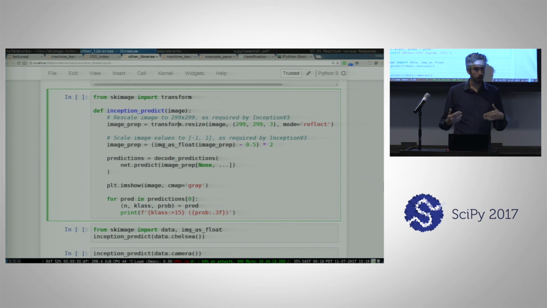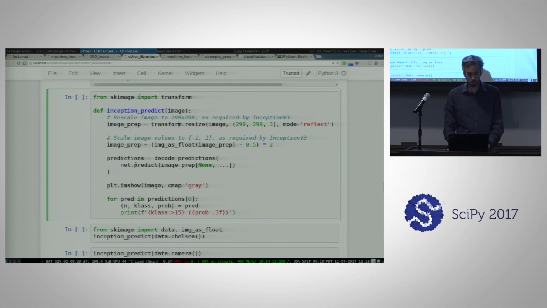We convert it to a floating point image, so it's now got values between 0 and 1. But Inception expects images to be between -1 and 1. So we shift it downward, so it's between -0.5 and +0.5, and then we rescale it, so it goes from -1 to +1. And that we can feed directly into the network.